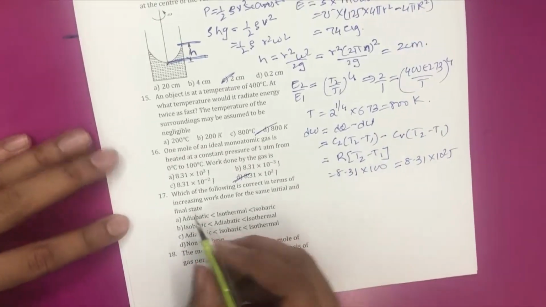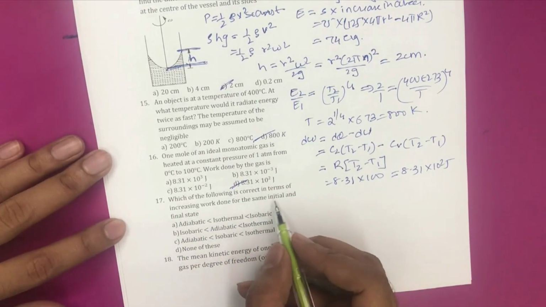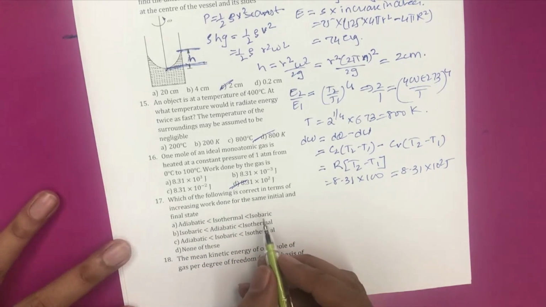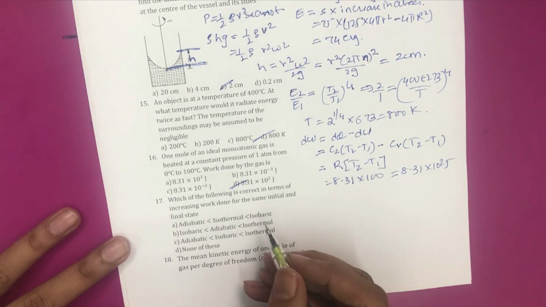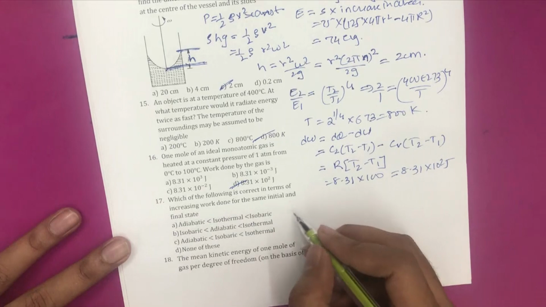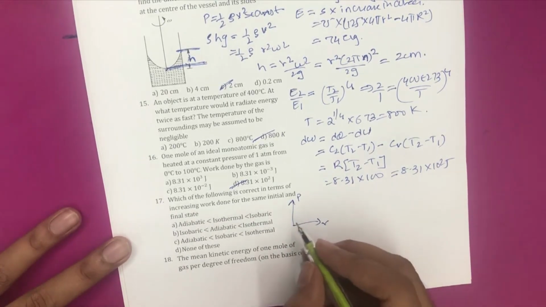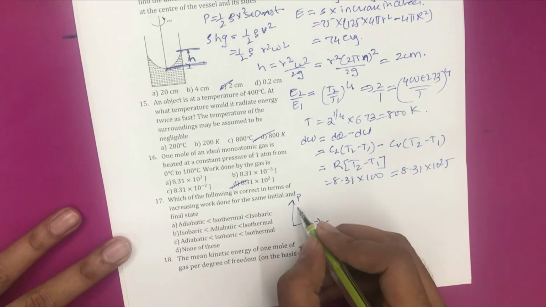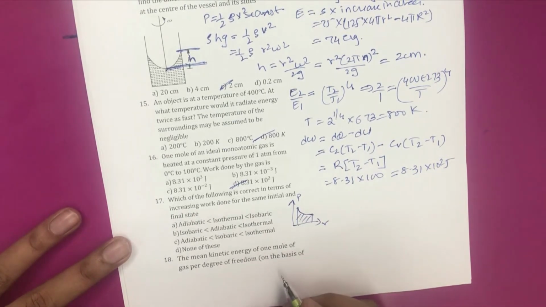Question 17. Which of the following is correct in terms of increasing work done for the same initial and final state? Now in a thermodynamic process, work done is equal to the area covered by the PV curve with the volume axis. So for a pressure-volume curve, the work done is basically the area under this curve.